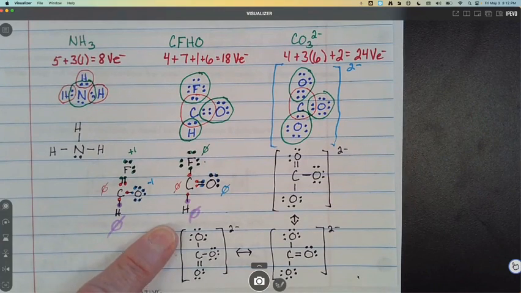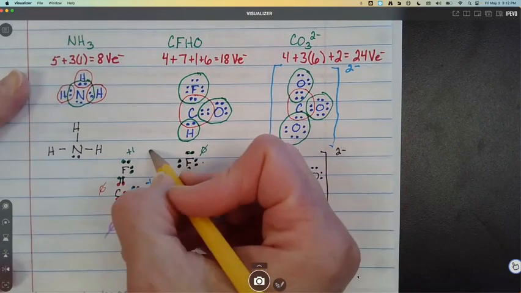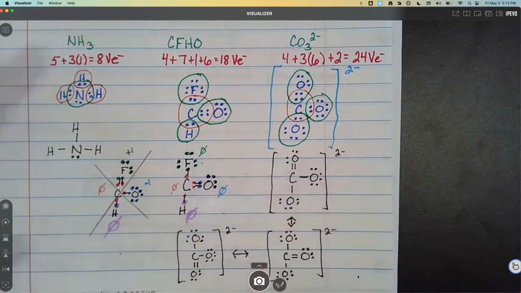Here's your better structure. They are not equivalent to one another, so we're not going to keep them both. When we think about whether we're keeping the whole collection or not, we only keep the whole collection if all of the ones in the collection are equally good.